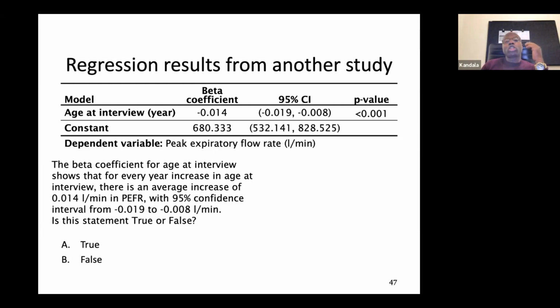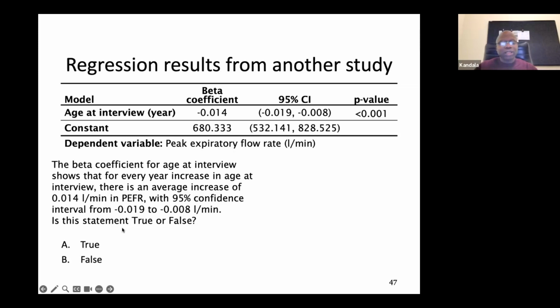In the reporting, the authors write that the beta coefficient for the age at the interview shows that for every year increase in age at the interview, there is an average increase of 0.014 in the peak expiratory flow rate, with a 95% confidence interval ranging from minus 0.019 to minus 0.008.